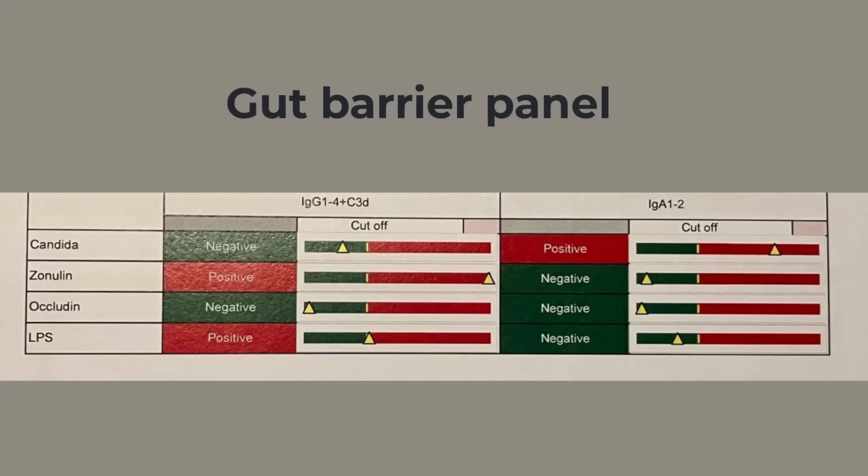So we look at the first column, the candida is negative, but the zonulin is highly positive. So that means I have got a lot of zonulin in my bloodstream. Now, the interesting thing is that I've had my gut biome tested several times, and they always test for zonulin in the gut, and it's always been negative. It's always been normal.